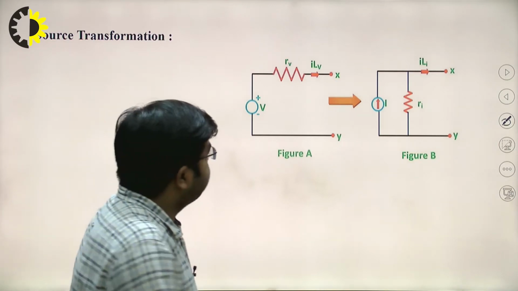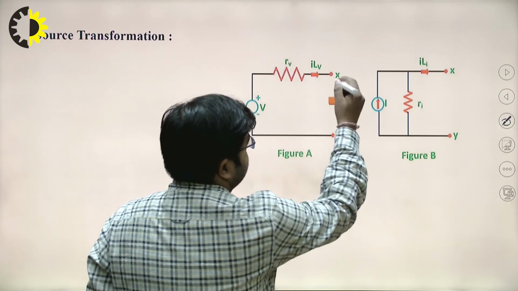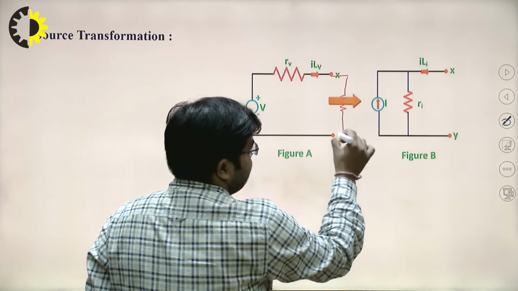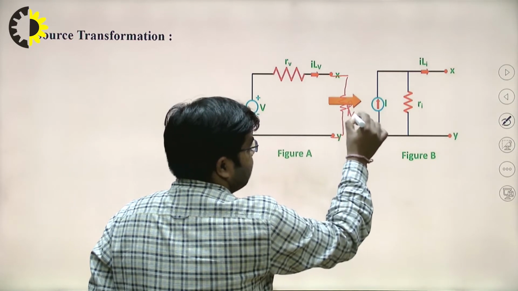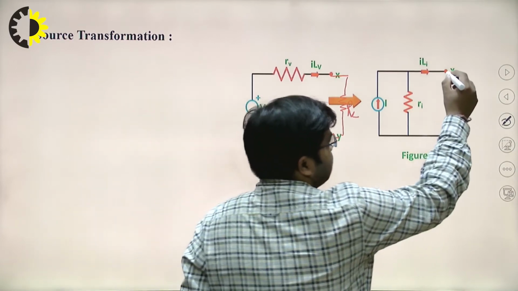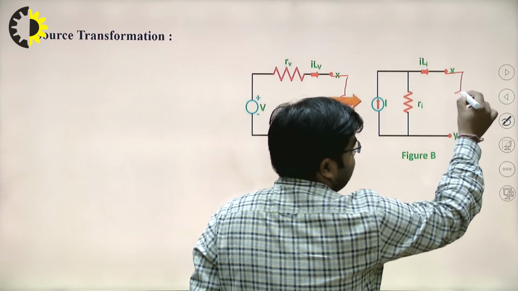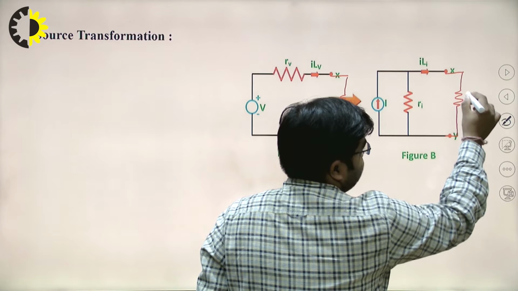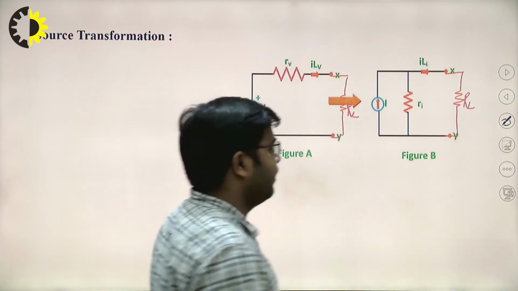So assume that a load resistance RL is connected across this terminal XY. Similarly, the same load resistance is connected across terminal XY. So this is RL. Okay.